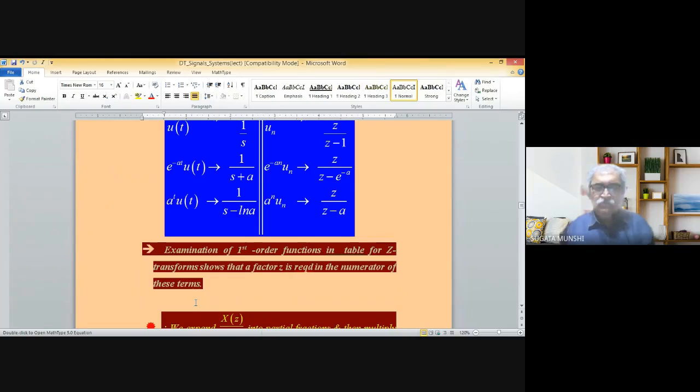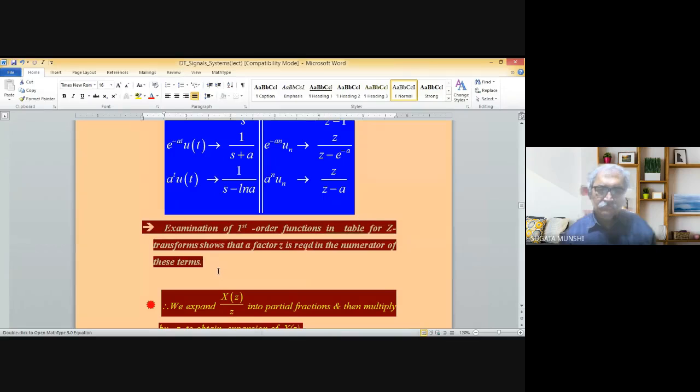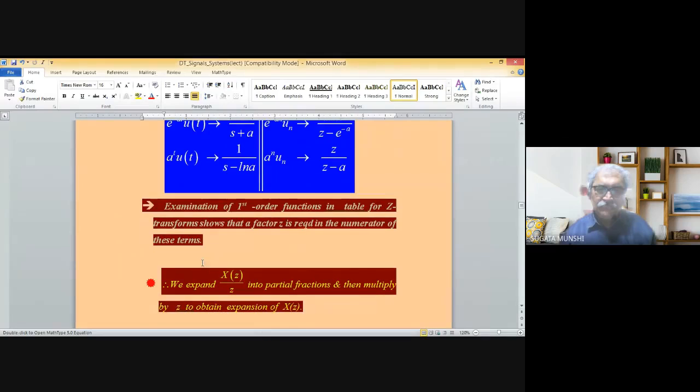Then you have to cross multiply by z to get the partial fraction expansion of X(z). So write this down.